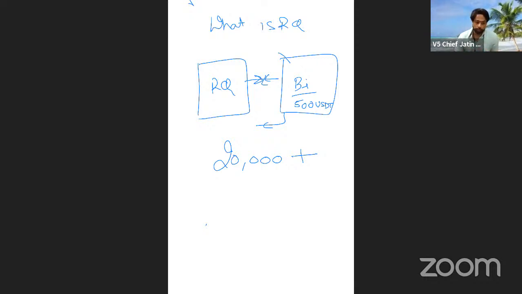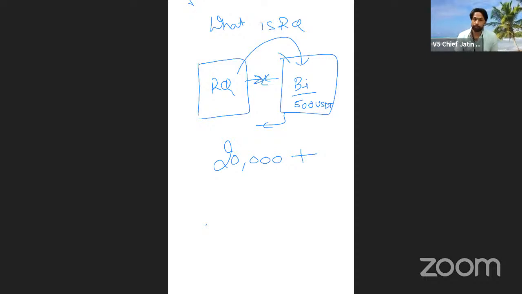Royal Q will come inside your Binance account. I hope all of you have seen how Binance looks. It's an exchange, and when I get time in this session, I'll go to Binance and show you how Royal Q operates inside your Binance account.